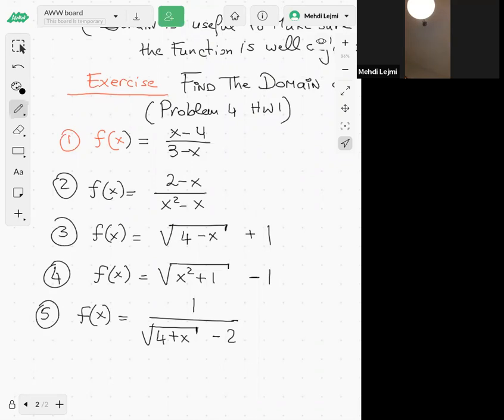Be careful when you solve the denominator. You're going to have a quadratic equation, with x squared.